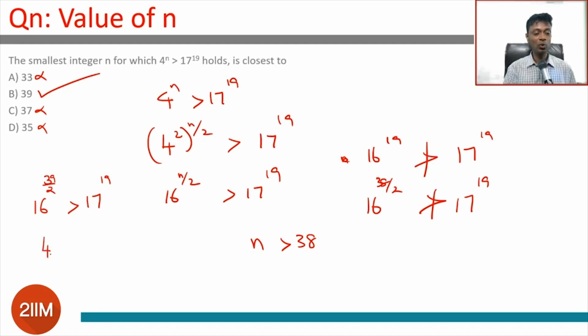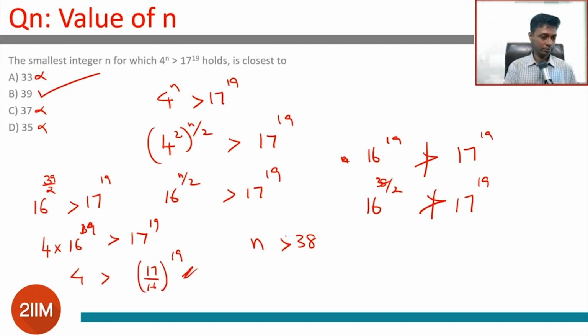This is 4 into 16 power 19, which is greater than 16 power 19, which is greater than 17 power 19. 4 is greater than 17 by 16 whole power 19. This could be tough to prove. It should be. That's what the question is telling us. But we do not have to worry about it. We know that 38 doesn't work. If 39 and 40 had been in the choices, then we would be worried. We are in trouble. It's not. So this becomes an easy question.